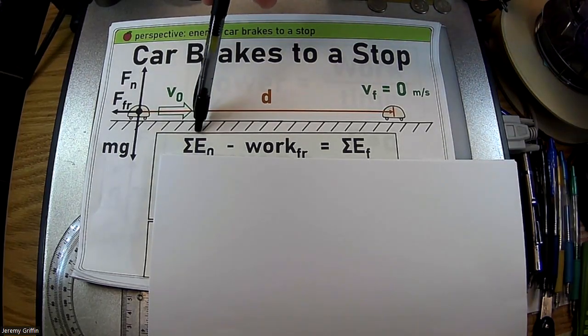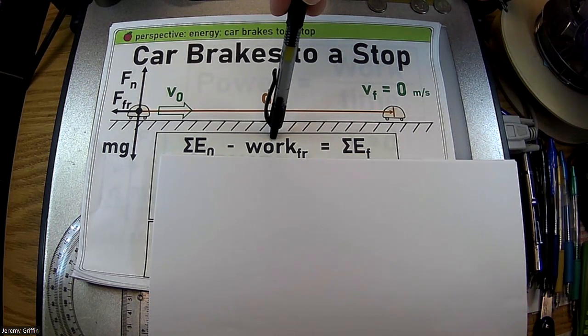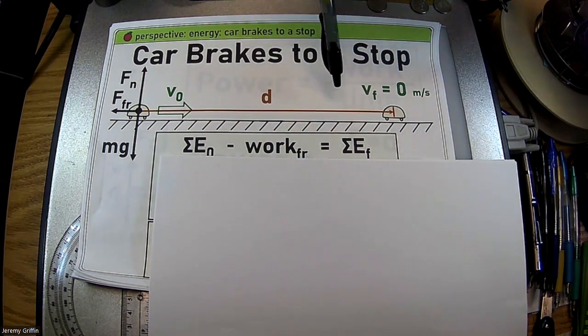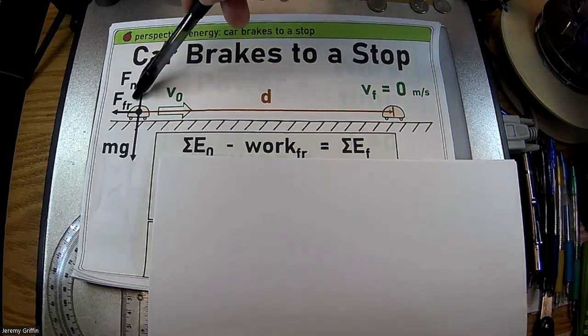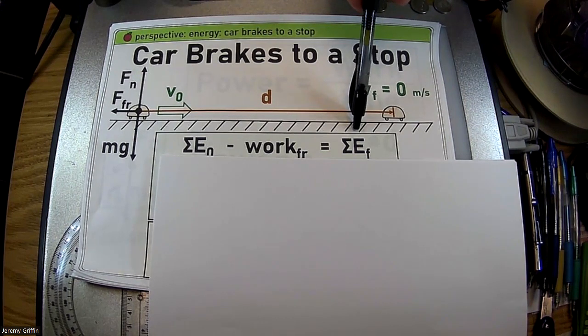What kind of energy does the car start with? Yes, 1/2 mv squared. And when I say minus work by friction, I can write that as an expression too. That's the friction force times the braking distance. And what kind of mechanical energy does it have when it's braked? Zero.